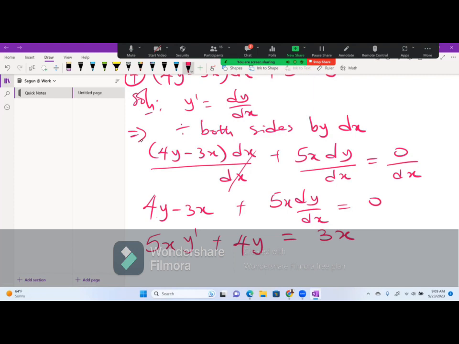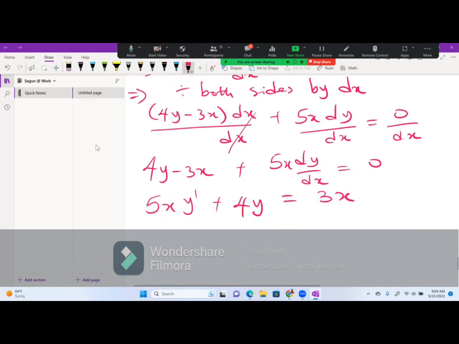Hello? Do you agree? Yes. Remember, q of x is the one that contains x, and will be on the other side. Based on our formula, let's call this one equation 1. Remember, y prime plus p of x times y equals q of x. So anything related to x will move to the other side.